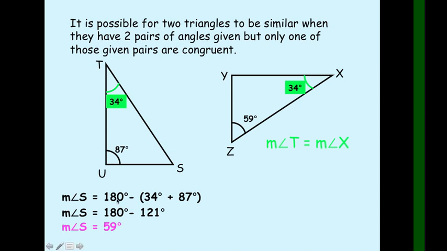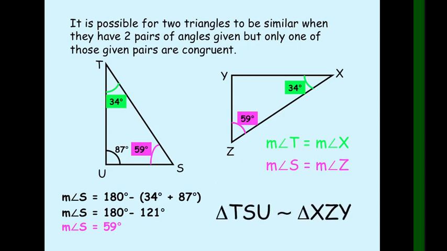So therefore, the measurement of this one is 59, and it's equal to the measurement of Z. Okay? So therefore, the measurement of angle S is equal to the measurement of angle Z. And we can now conclude that the triangle TSU is similar to triangle XYZ. Or triangle TUS, I think. It's not TSU. TUS is similar to triangle XYZ. Okay.